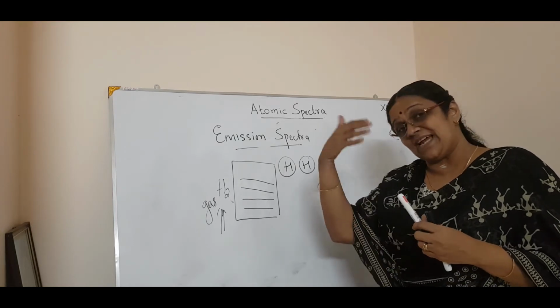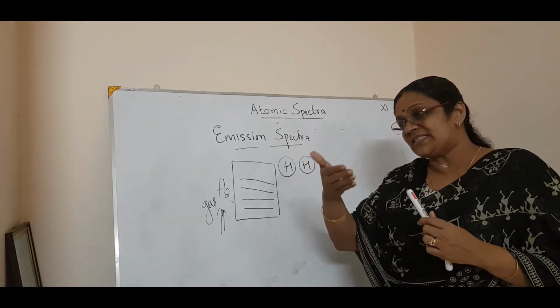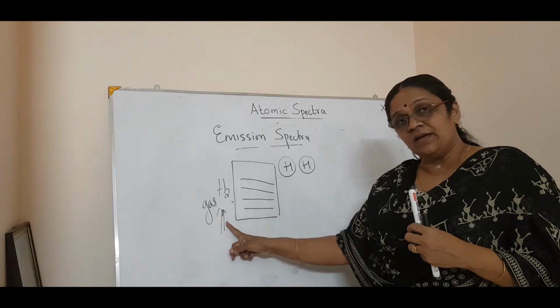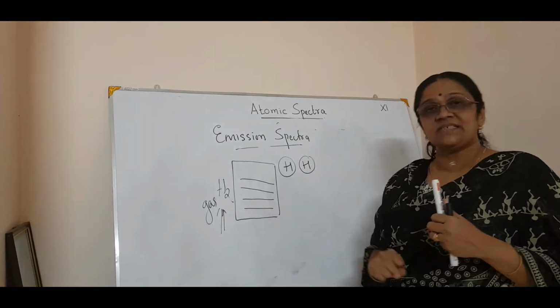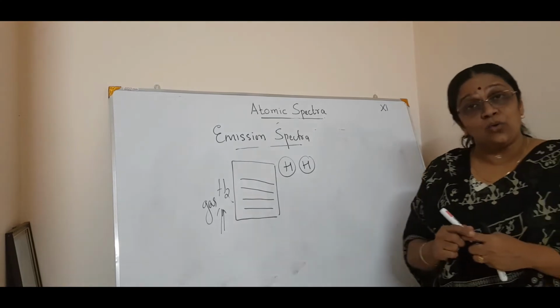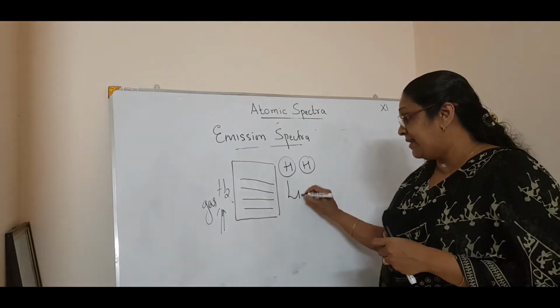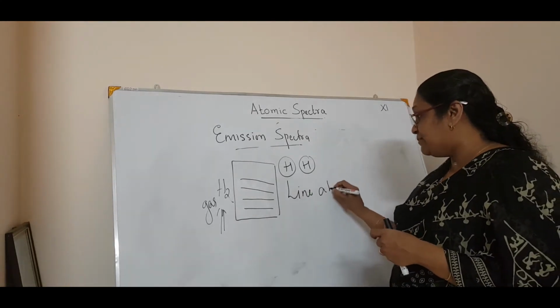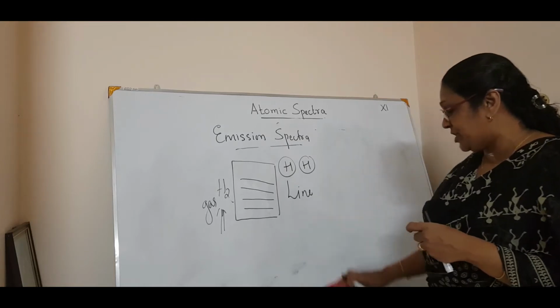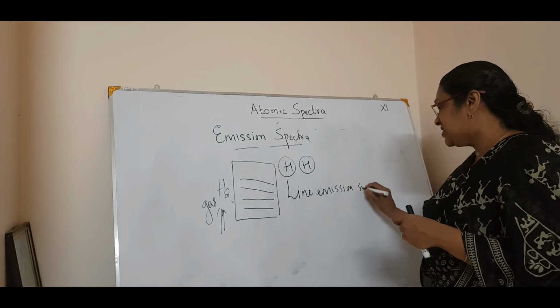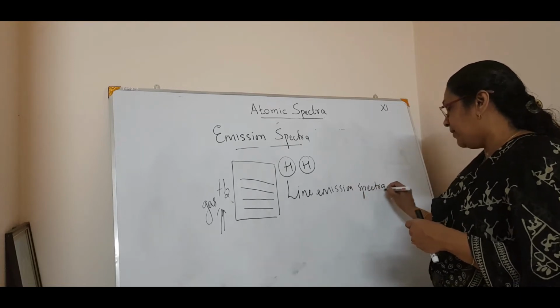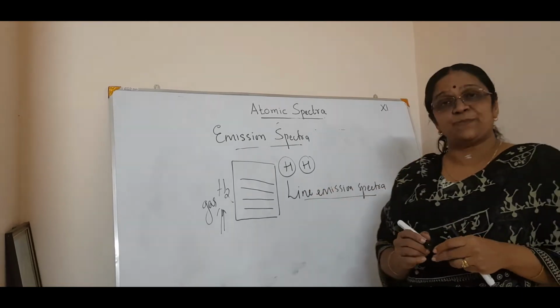Once it goes to excitation, by absorbing some amount of energy you are giving here, then it is unstable, it will emit back, and this spectrum is there. So this is exactly what you call a line emission spectra. Correct? Okay. So this is line emission spectra.